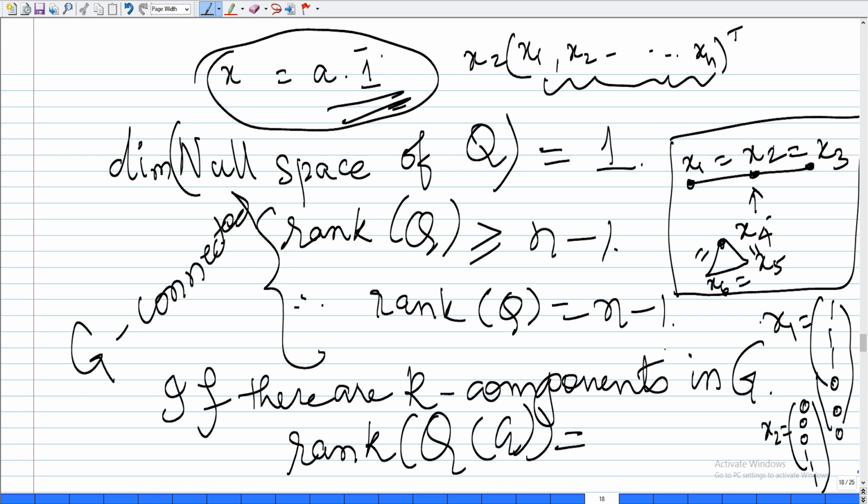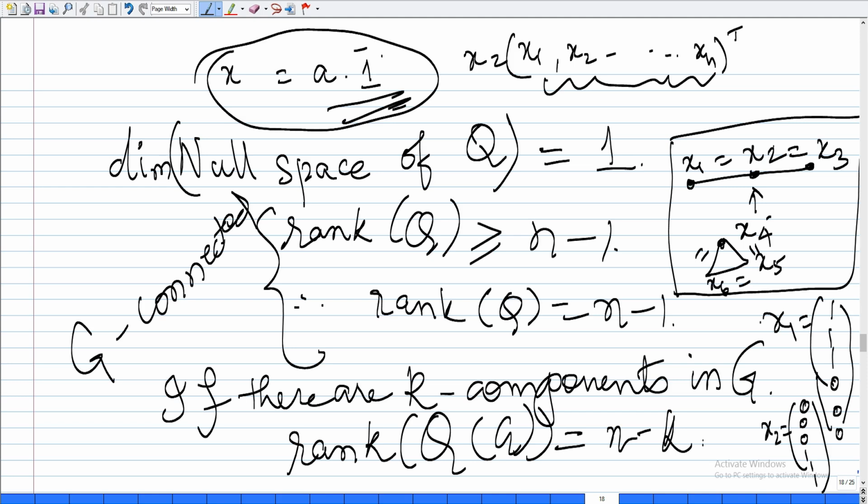So, if we have two components, I have two linearly independent vectors which generate my null space. Both of these types of vectors will be killed, right. If I have k such components, then I can generate k linearly independent vectors in similar fashion, right. Therefore, the rank of Q of G with k components boils down to n minus k, right.